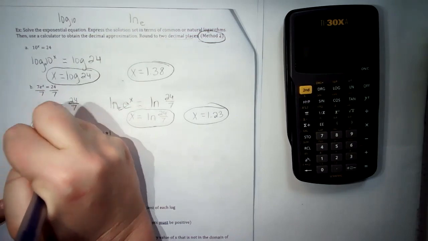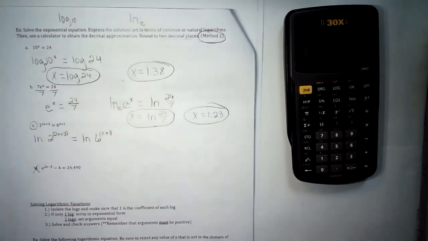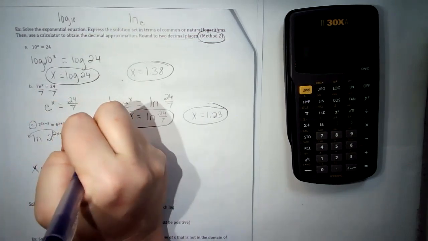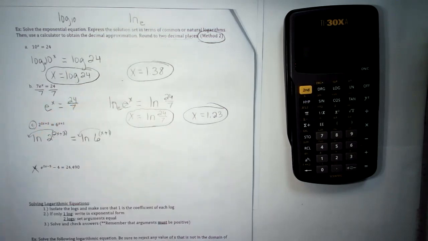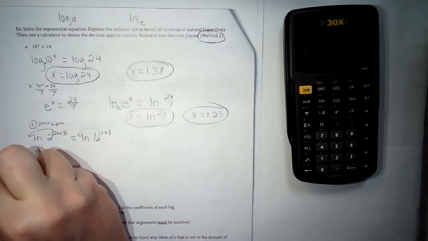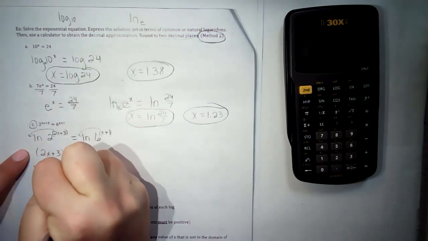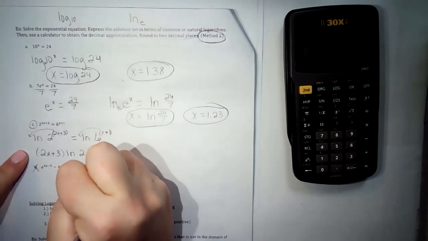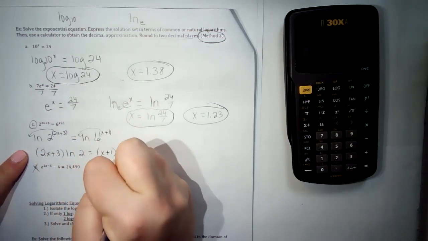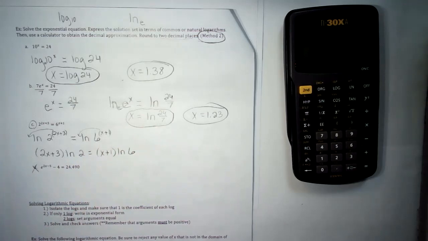Okay, so remember, we can take exponents and move them in front as coefficients if we've taken the log. Now I'm going to put them in parentheses since there's more than one term. All I did was scoot them over there in the front.